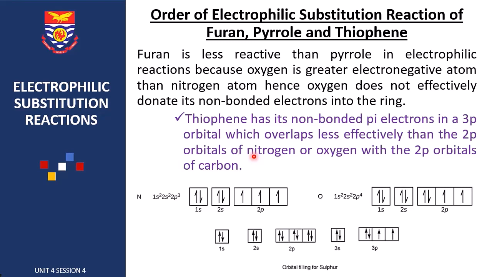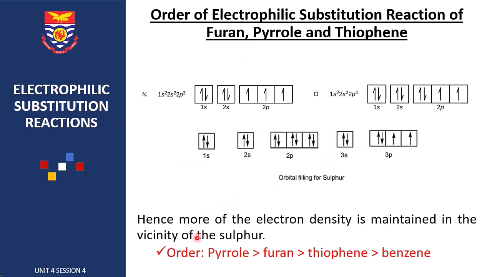So its electrons do not easily overlap in its pi bonding orbitals to form strong bonds as compared to nitrogen and oxygen. As a result, thiophene happens to be the least reactive, right?